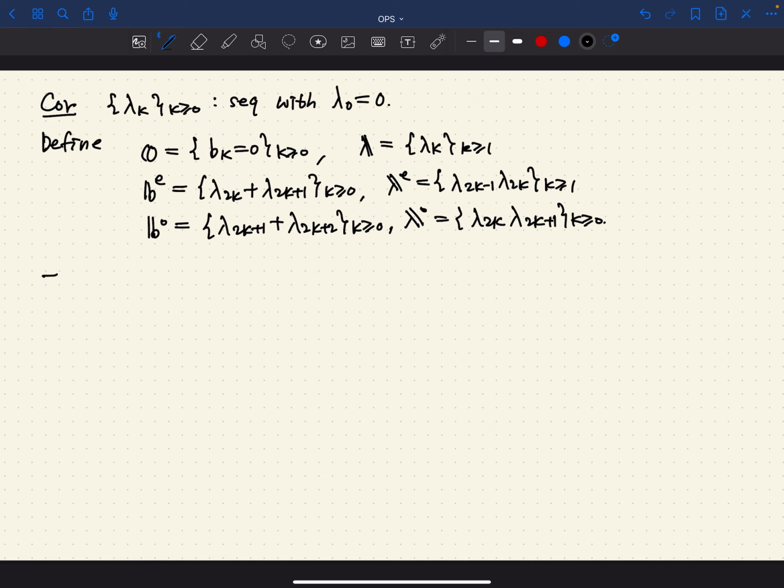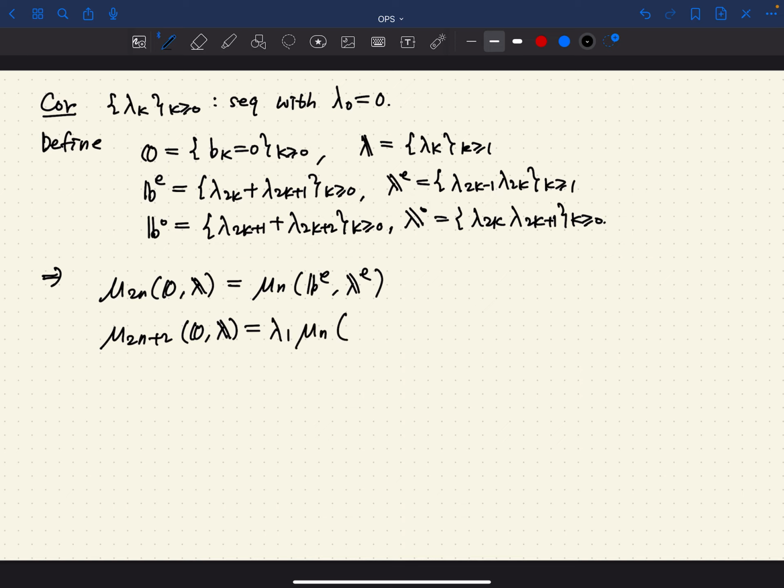Then the moment of this is the original moment with B sequence and lambda sequence, and this is equal to mu n of B^E, lambda^E, and mu 2n plus 2 is equal to lambda 1 times mu n of B^O, lambda^O. Why is this true? Because this is the moment.